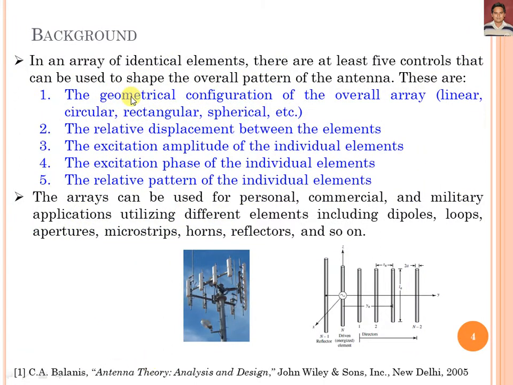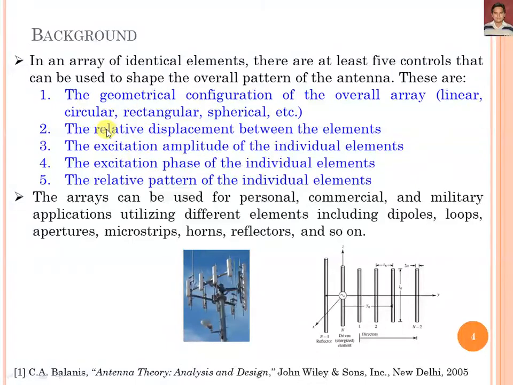In an array of identical elements, there are at least 5 controls that can be used to shape the overall pattern of the antenna. I mean, we can shape the radiation characteristics of the antenna by using these 5 important controls.